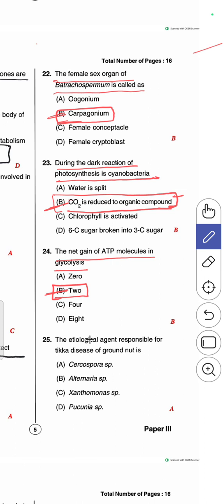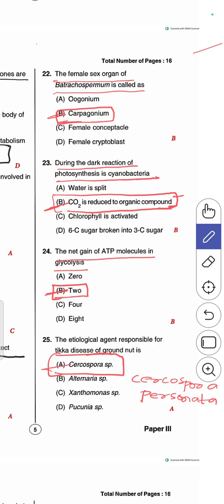So Tikka disease of groundnut is observed because of the Cercospora species, that is Cercospora personata. So it is the causative agent of this disease, that is Tikka disease in case of the groundnut. So A is the right answer for this question.